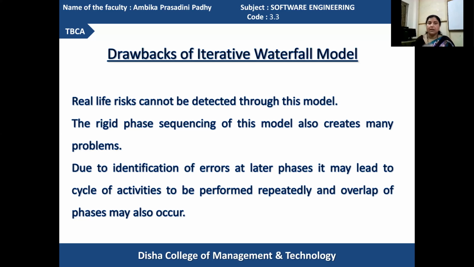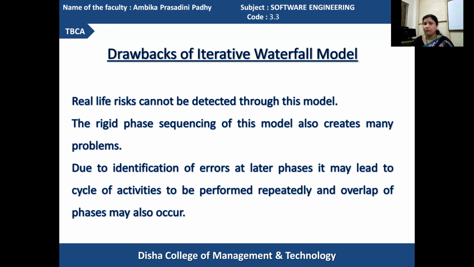Due to identification of errors at later phases, it may lead to a cycle of activities to be performed repeatedly. Because of that, overlap of phases also may occur. If the error is identified at a later stage, third or fourth or fifth stage, then we find out which phase caused the problem.